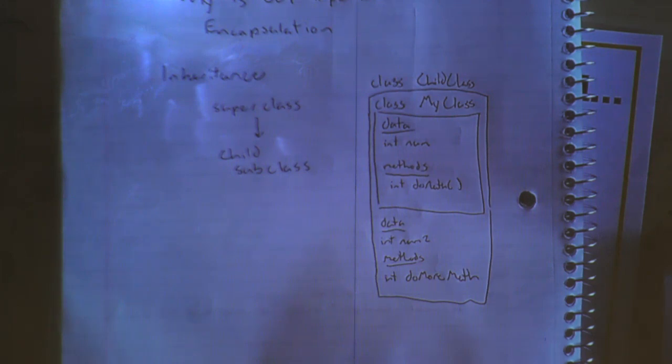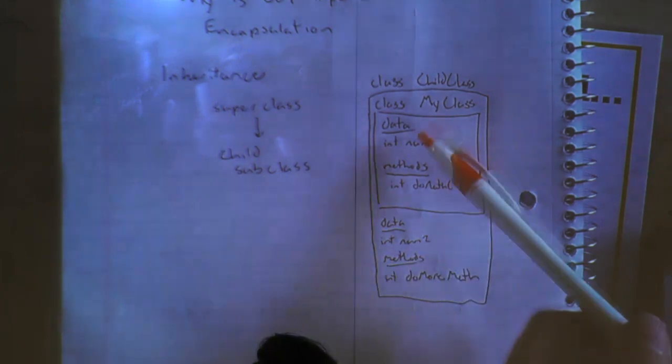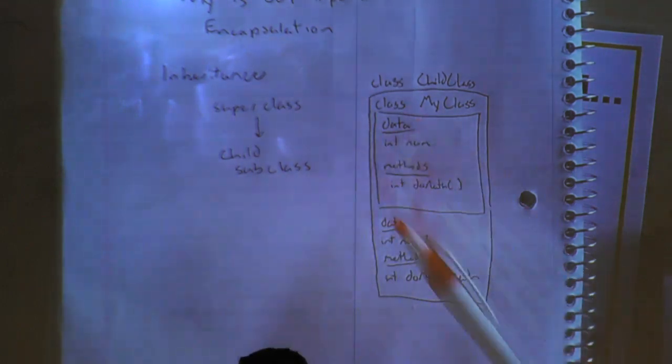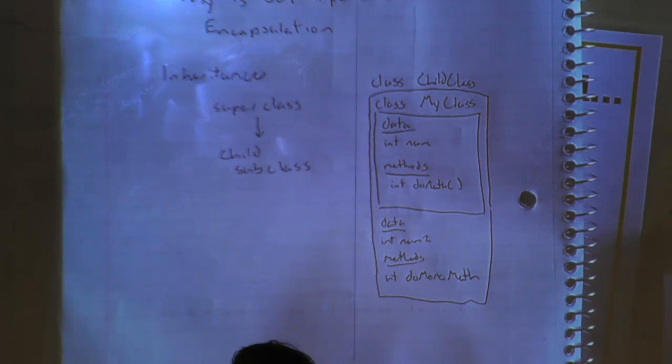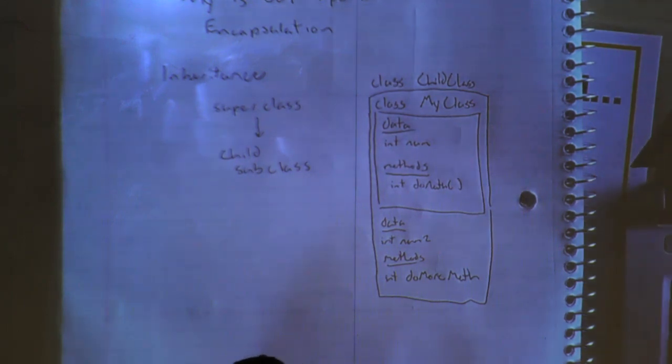So when you're referring to data, you can refer to the names of all of the data in both the parent and the child at the same time, and then same applies to the methods. And so the child class will always be a specialized version of the parent class that needs additional information and additional functionality to achieve its purpose.